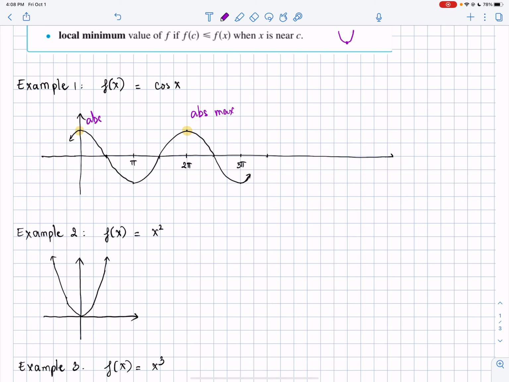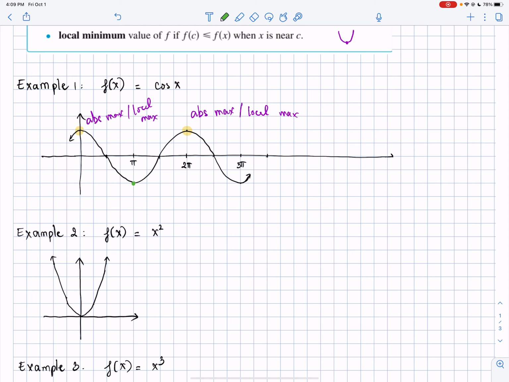Because the other points are lower than them. And also this is like a mountain, so those points are also local max.